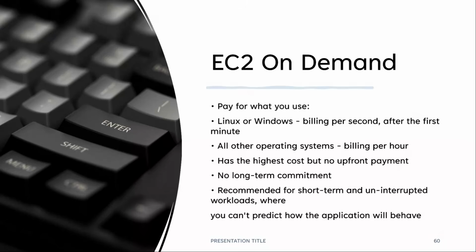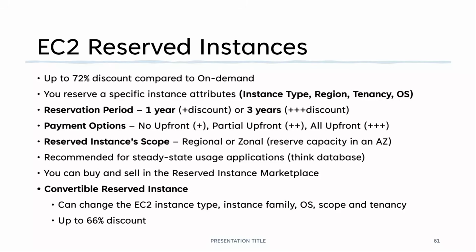Talking about reserved instances, the best thing about this is that you can get up to 72% discount compared to on-demand instances. So you reserve specific instance attributes like instance type, region, tenancy and OS. Reservation period is 1 year or 3 years, and as you reserve for more years, you will get more discount. For 1 year it is some discount, for 3 years it is a lot more discount.